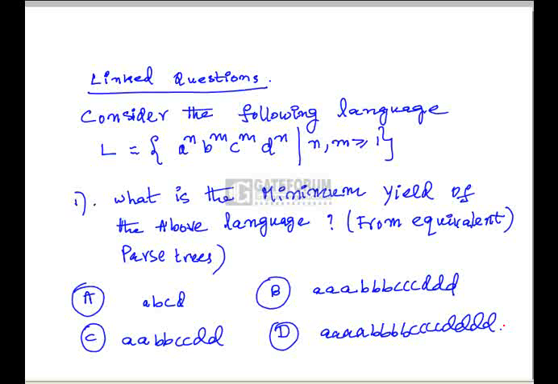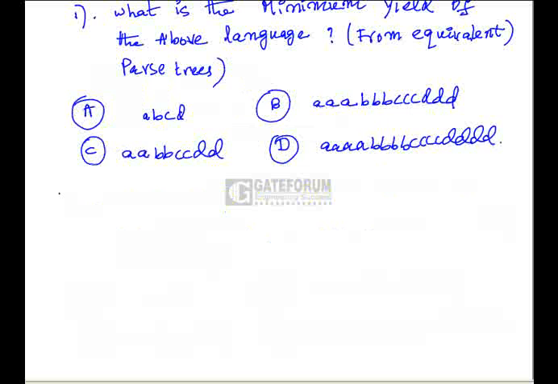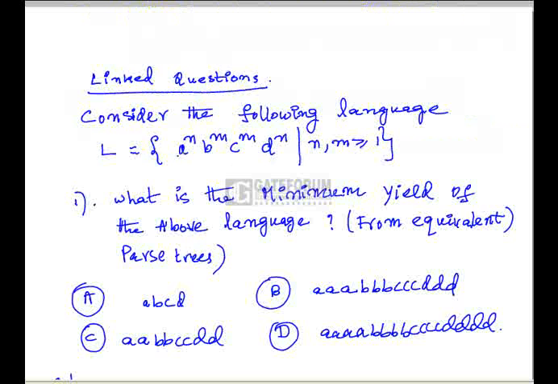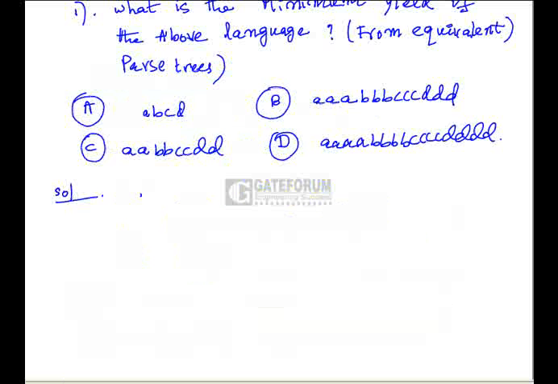Usually we find the minimum yield of a language through the parse tree from the grammar. Okay, so let us suppose the solution of this will be like this. Minimum string of a language is different from minimum yield of a language. Minimum string is not always equal to minimum yield. So the equivalent grammar for this language is S goes to ASD or AAD, again A goes to BAC or BC.